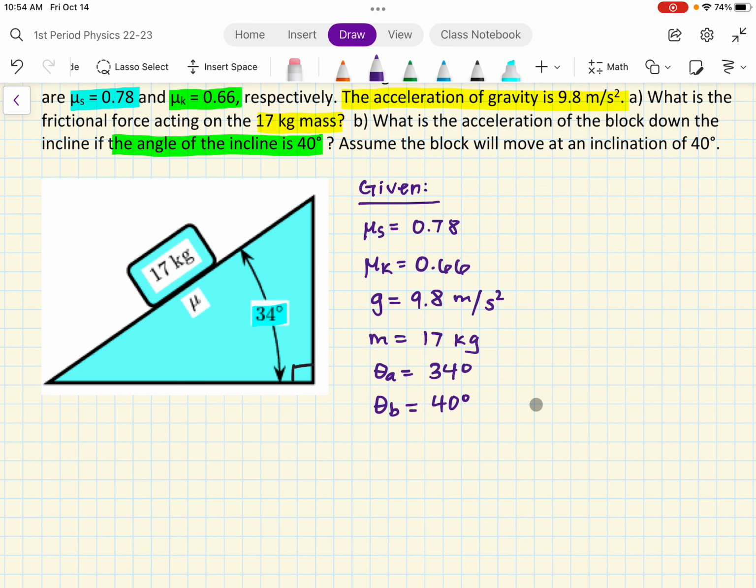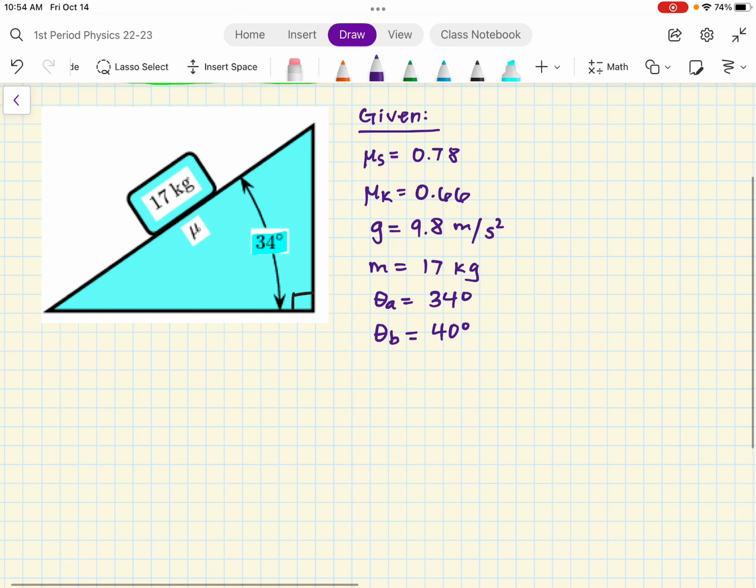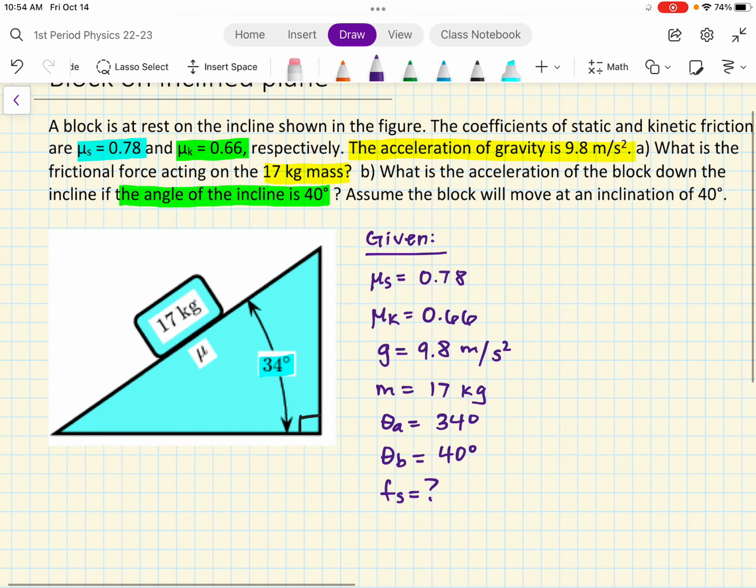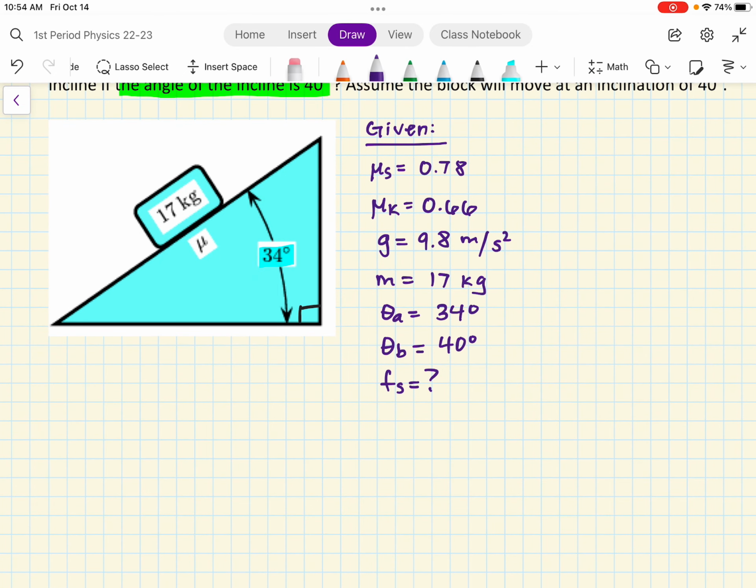We have to find the frictional force. Question A is when the block's not moving, so we have to find the static friction force, F sub s, and then we have to find the acceleration of the block for question B. Okay. Next step, you guys know, draw your free body diagram.